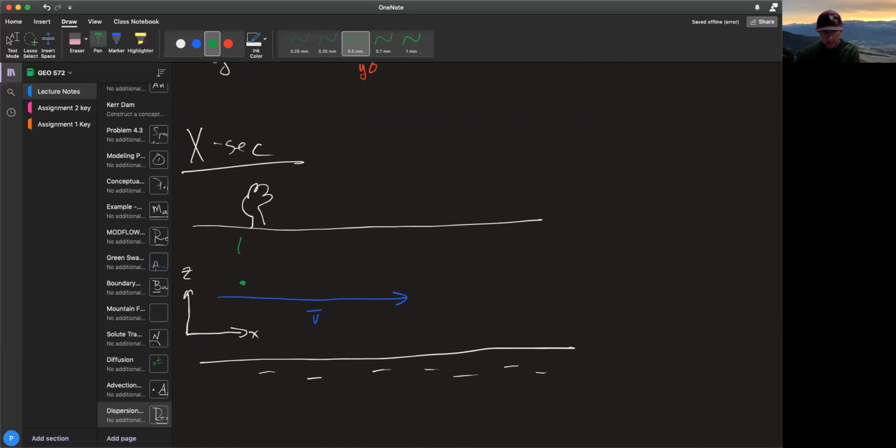And then this is at T naught. All right, and if we were to go some time later, we would find that it is spread out vertically as well. So again, this is the longitudinal spread.